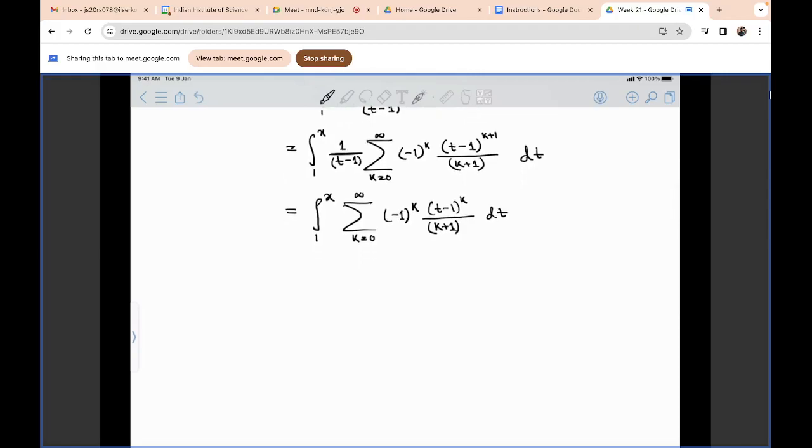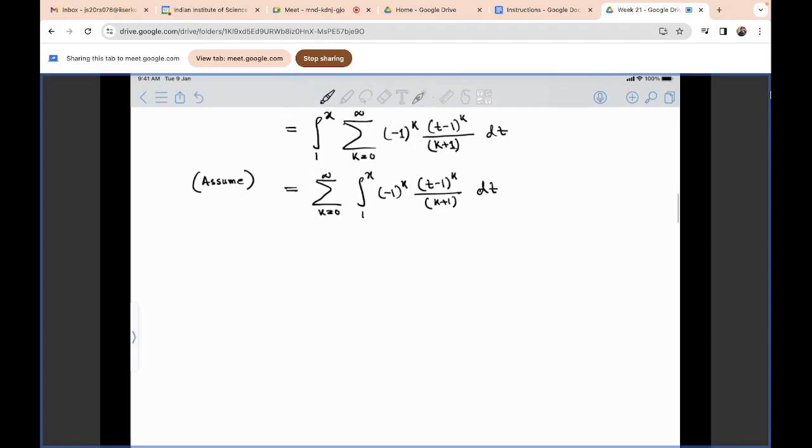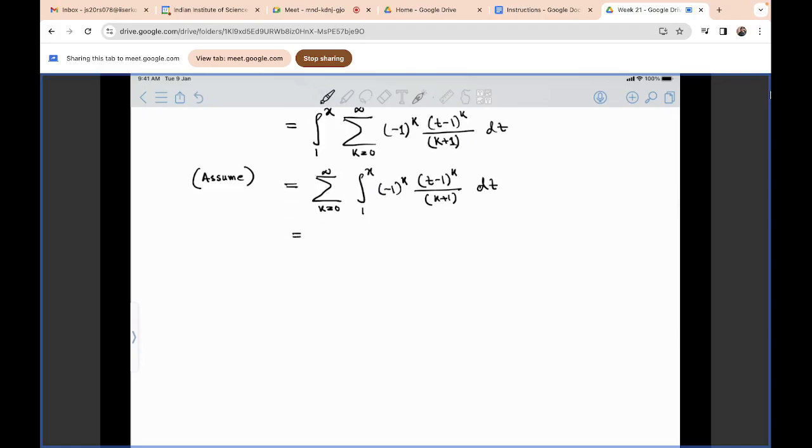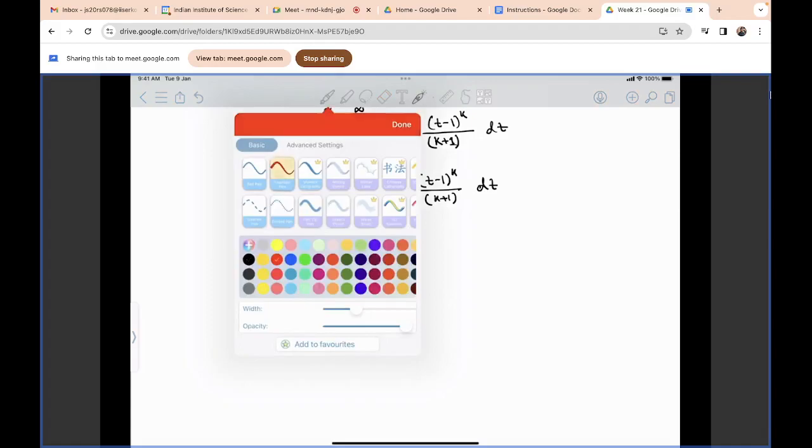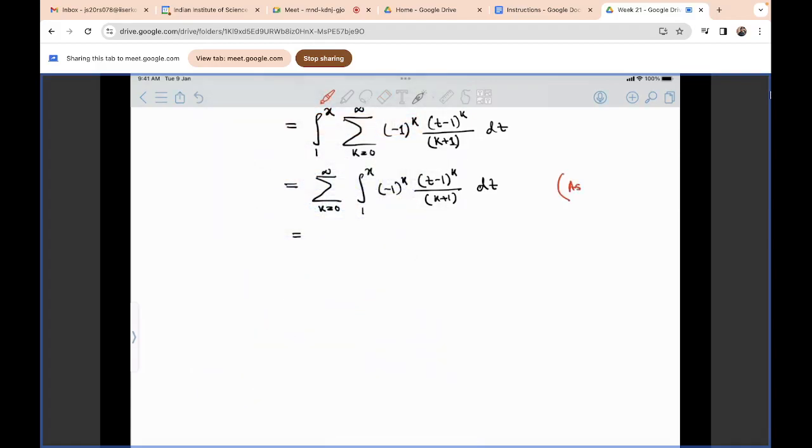So first assume that we can interchange the summation and integral. We'll prove it later.